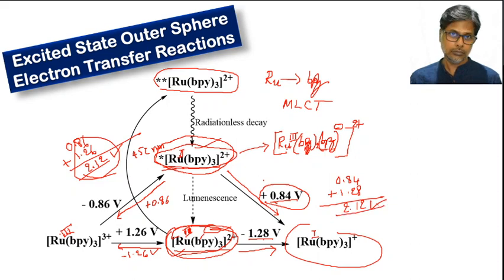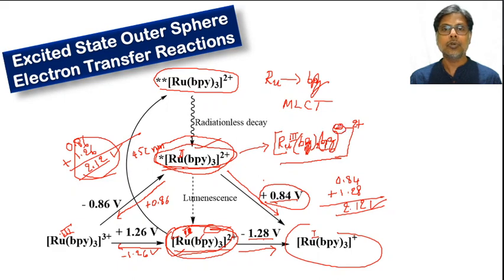So why? How is it possible? Here in this we have written the structure of the excited state complex this way: ruthenium 3, BPY twice, and BPY minus.